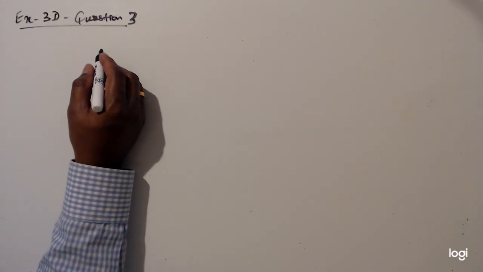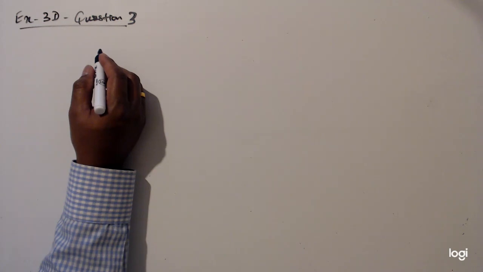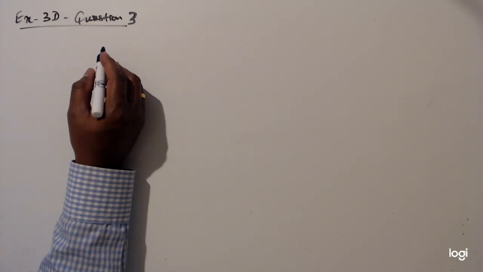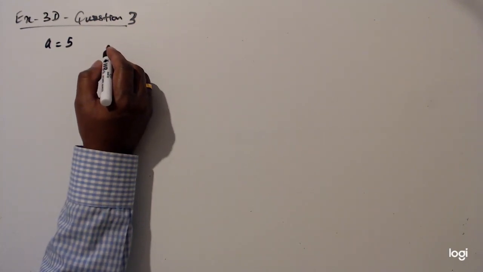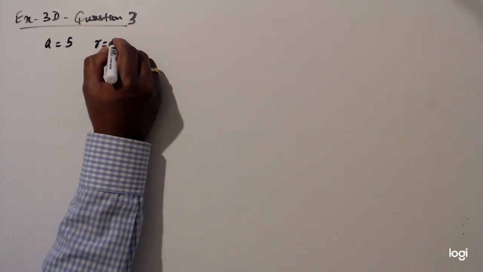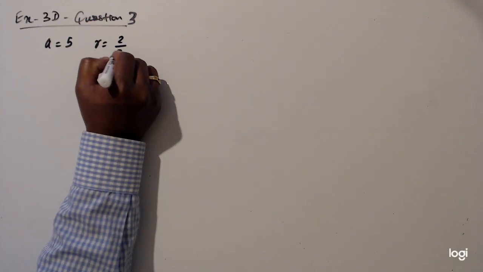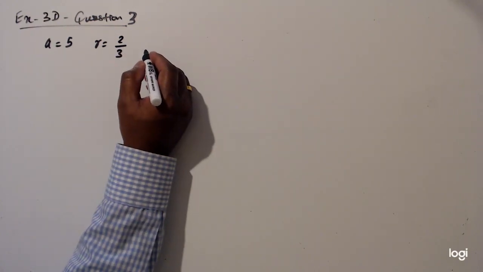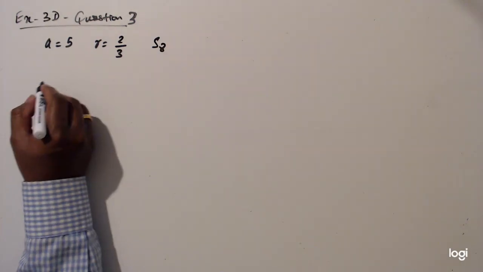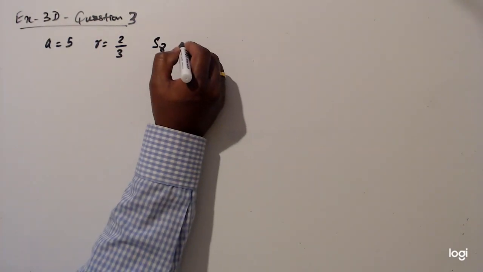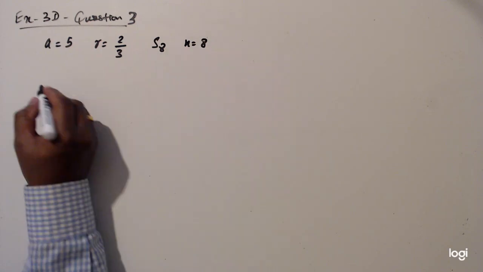Question number 3 is a straightforward question. A geometric series has a first term. First term is 5 and a common ratio R is given as 2 over 3, and find S8. We need to find S8. So then N value is 8.